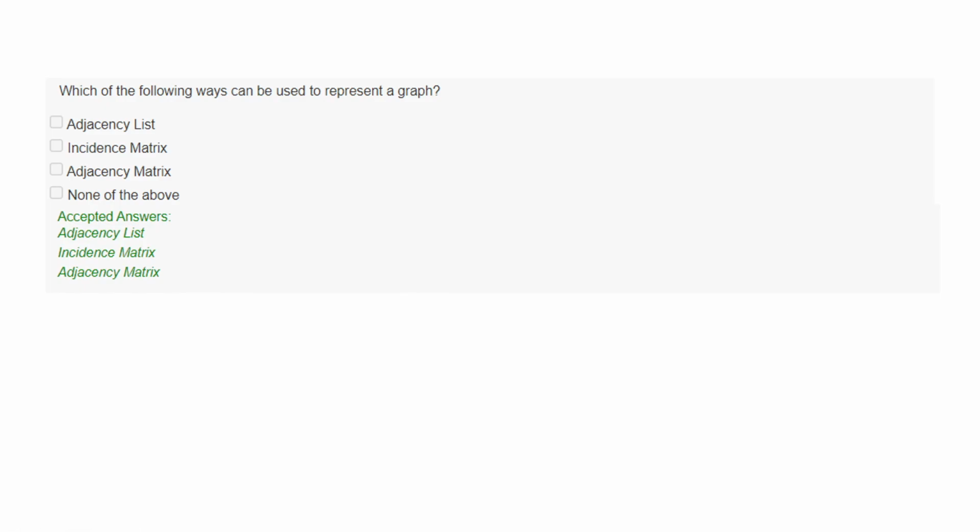Adjacency list and adjacency matrix have been taught to you, but incidence matrix is another kind of data structure that is used to represent graphs. In an incidence matrix, you have a row for each vertex and a column for each edge. So it's a different type of representation, but it is also used to represent graphs. So the answer is all three. Okay, moving on.